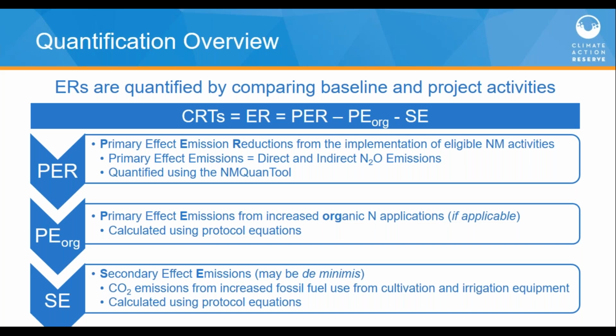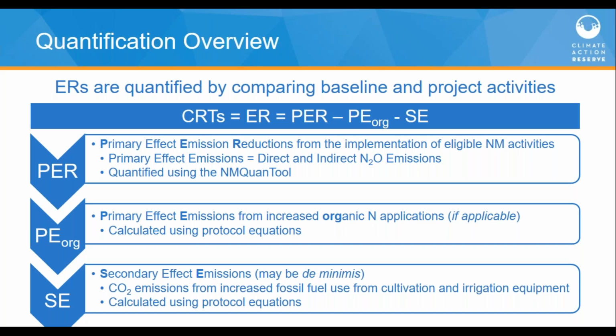With the NM Quant tool, you make those same series of selections for your project activities for your given field scenario, and the baseline and project emission and resulting project emission reductions are instantly quantified for you there. And so again, that's from you making your selections for your N rate reduction, whether it was enhanced efficiency fertilizer or not, just accounting then for your tillage and irrigation practice, and of course your location.